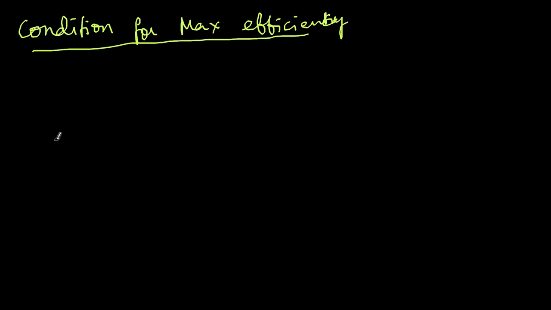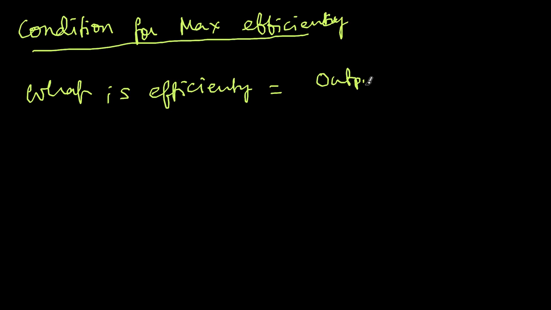But before we do this, let's first define what efficiency is. Efficiency for electrical equipment is generally defined as output by input. If I input 100% of power, how much power comes out at the output? That is the efficiency.